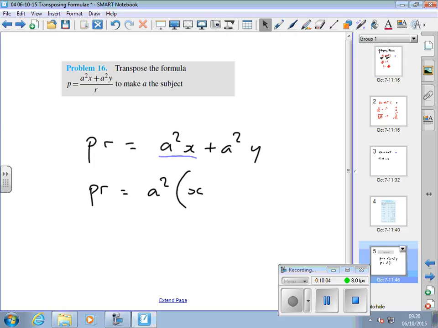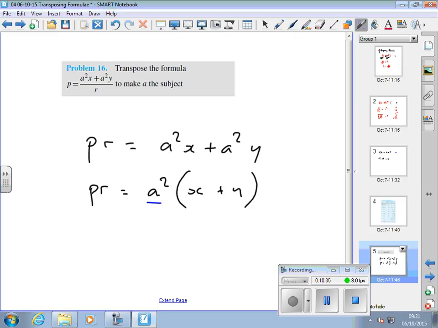What have I got to times a squared by to get back to a squared y? y. So plus y. So now I'm nearly there. Remember, a squared now has been times by this whole expression. So let's get rid of that by dividing by that whole expression.